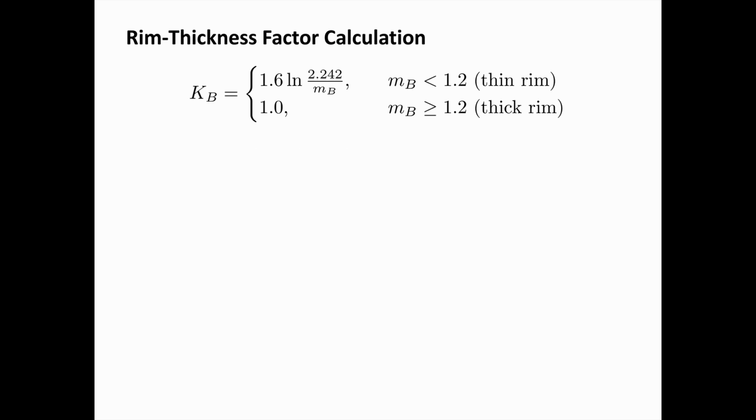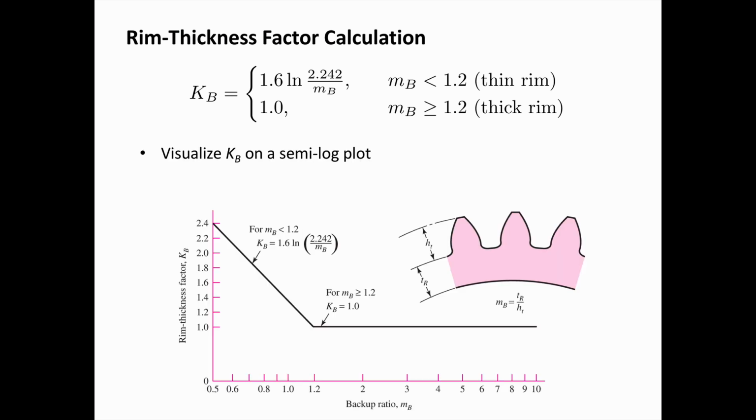And what is m sub b? M sub b is the ratio of the tooth and the rim thickness. And we can visualize this effect if we're looking at m sub b below 1.2 where we have a thin rim.